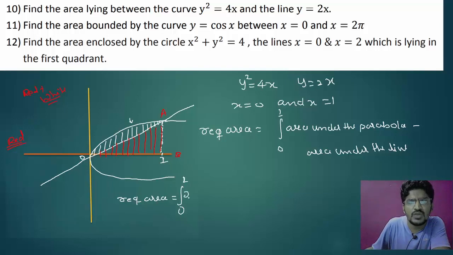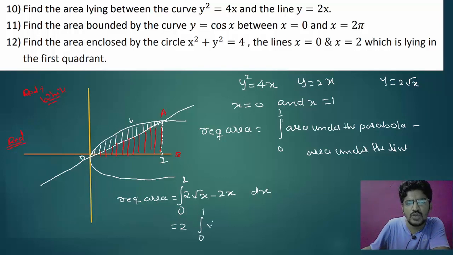Under the parabola, y square equal to 4x means y will be equal to 2 root x, and the area under the line is y equal to 2x, that means 2x with respect to dx. So you can see that 2 is constant, integration from 0 to 1 of root x minus x with respect to dx.